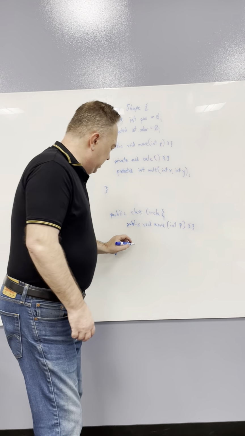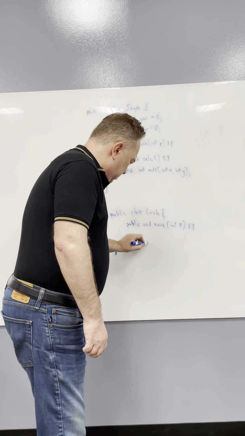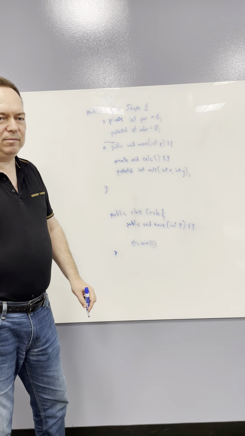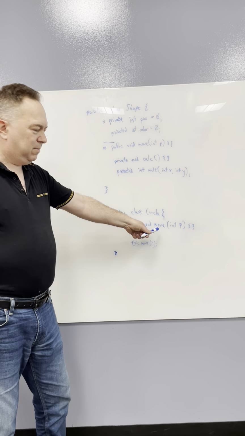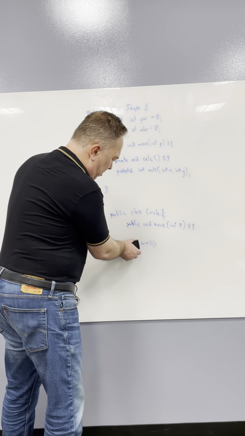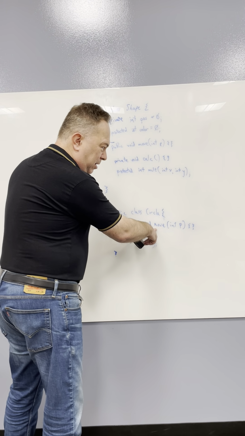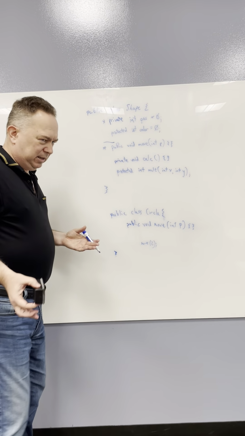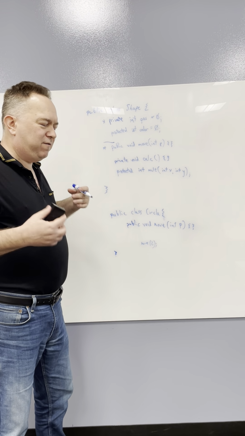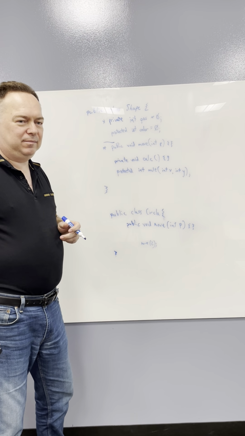Now if I say something like this dot move, which move am I calling? This one. And in fact, you remember I told you this is often optional. If I just said move, it's going to call this one. For whatever reason, I'm making this up, right? But let's just say you want to force it to call this one. How do you think I'd do that?